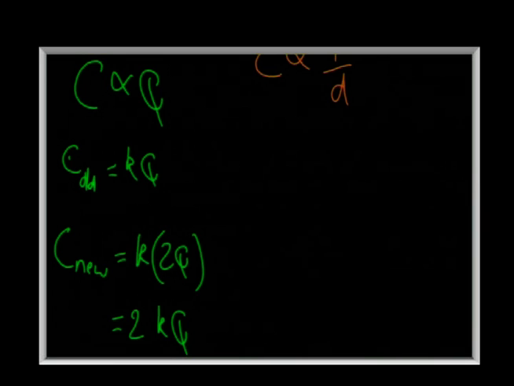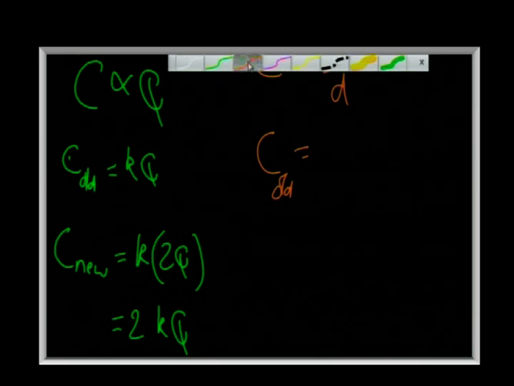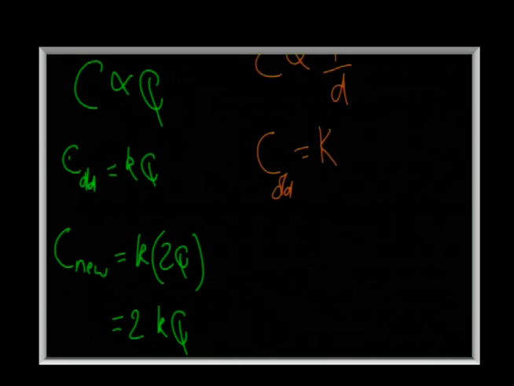Or another way of saying that is the old capacitance can be written as K, a constant, perhaps a different constant. I don't want you to think it's the same K. K times 1 over d. Okay, so that's the old value.